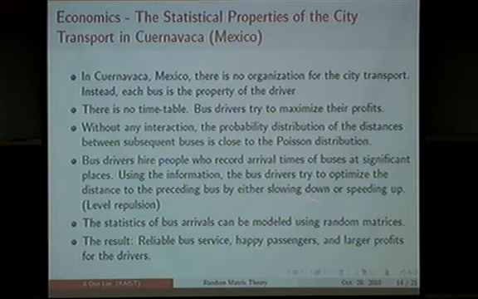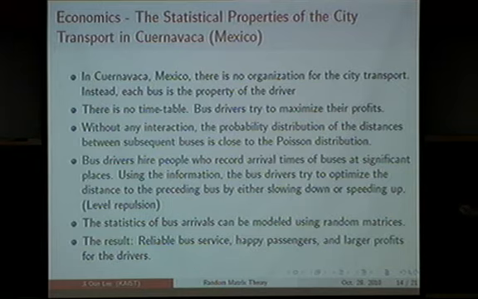In either case, we have something like level repulsion, because the buses don't want to stay near each other, right? Whenever you have this kind of phenomenon, you can model it by using a random matrix.